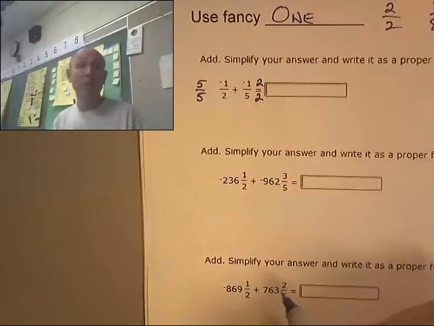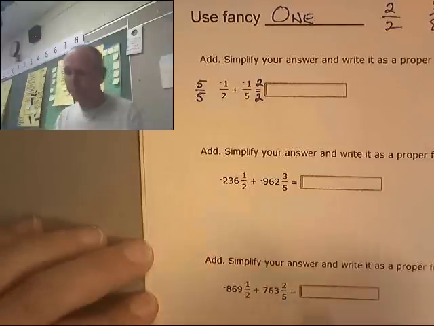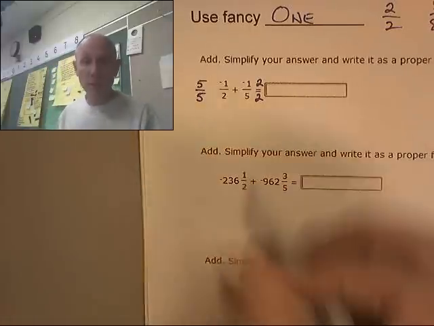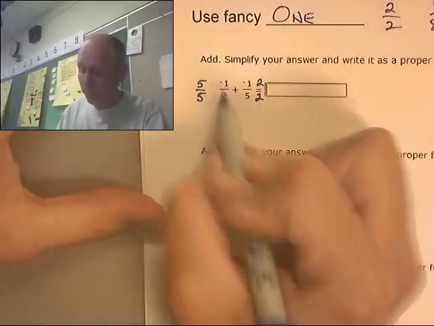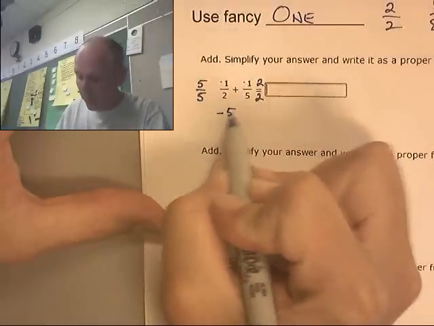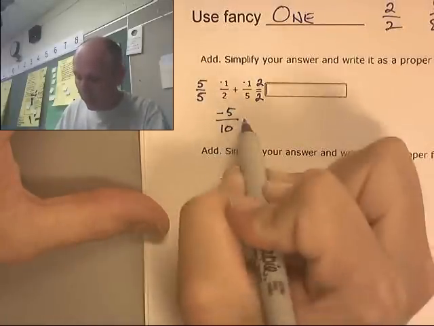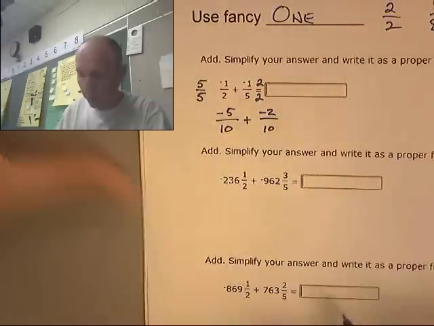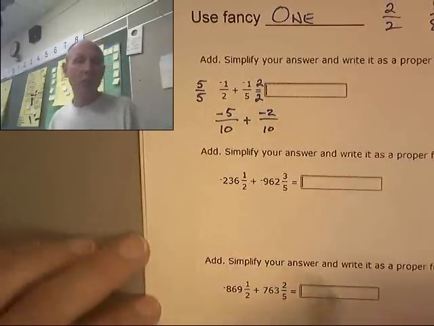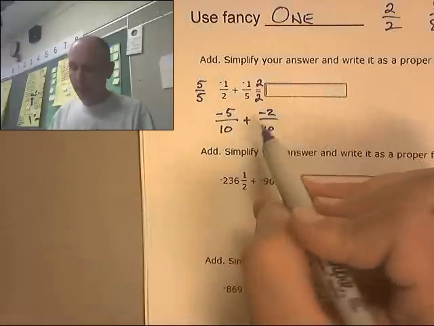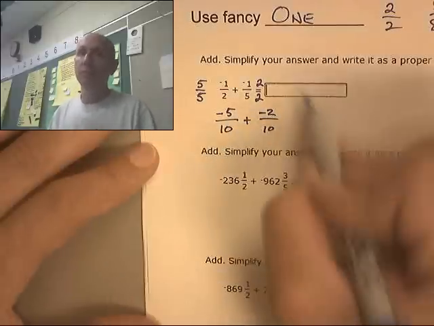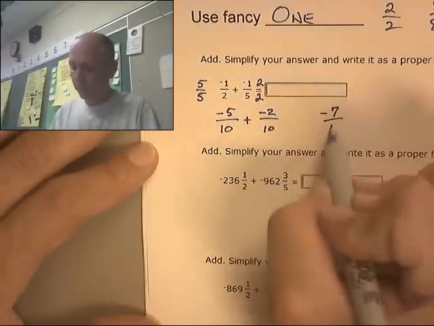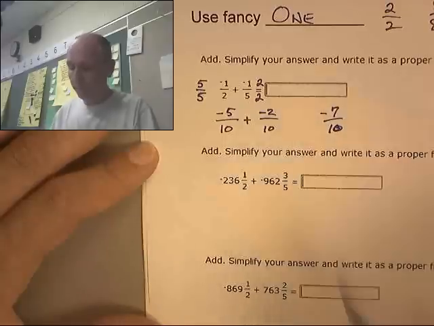That'll take me up to a denominator of 10. Using my fancy ones to build the common denominator, 5 times negative 1 is negative 5 over 10 plus negative 2 over 10. And now it's just an integer problem. Negative 5 and negative 2, negative 7 over 10.